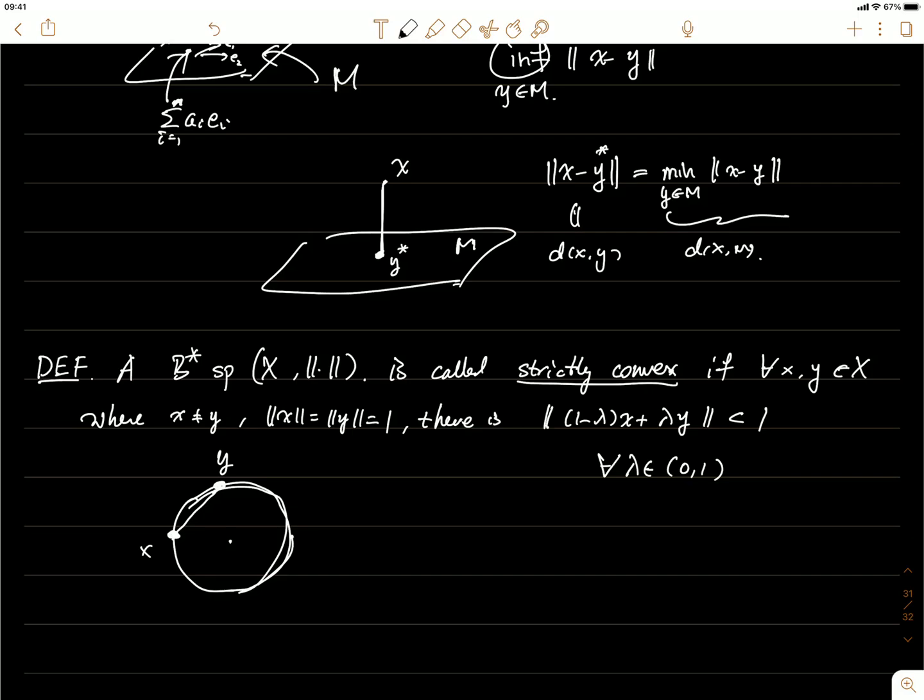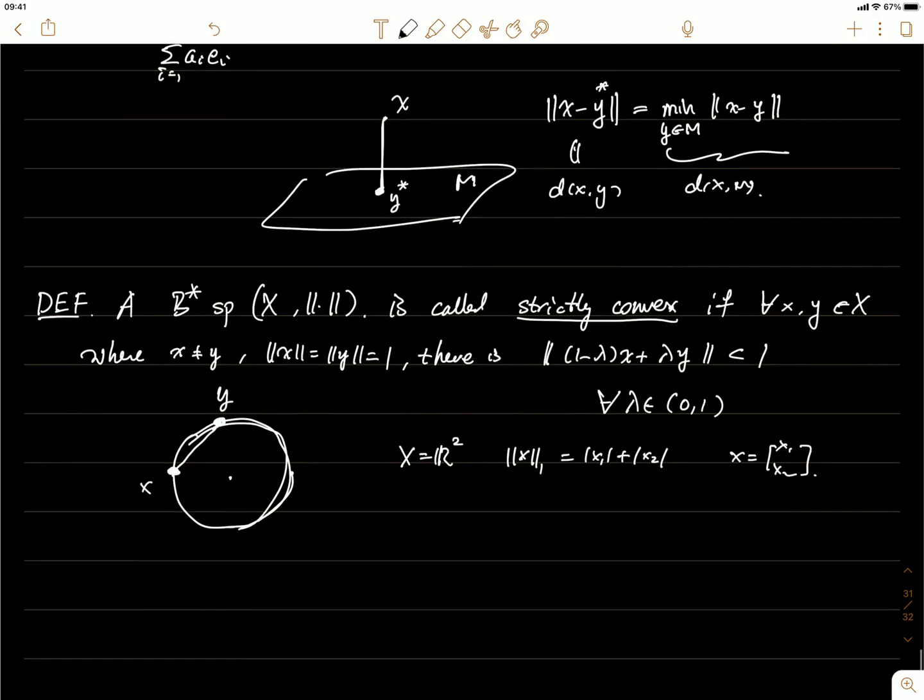For example, if I have just X equals R2, and I define my norm to be the 1 norm, meaning that for any vector x, I will just have the sum of the absolute values of the components of x, because x is (x1, x2).